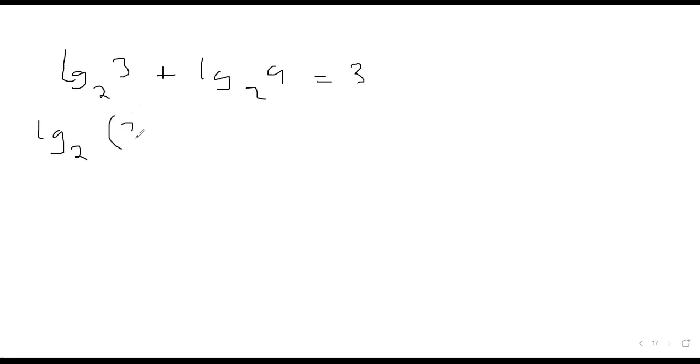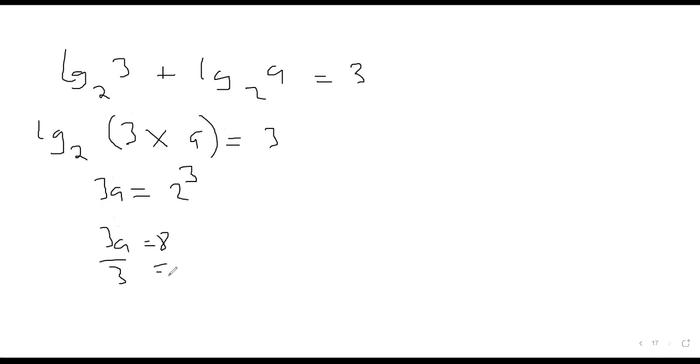The addition becomes multiplication, so we have 3a, and here we have 3. This will push the number there. We're going to have 3a is equal to 2 to the power 3. So 3a is equal to 8. To find the value of a, we divide both sides by 3, and our a will be 8 over 3. That's how logs operate.